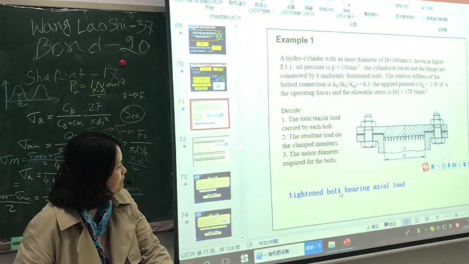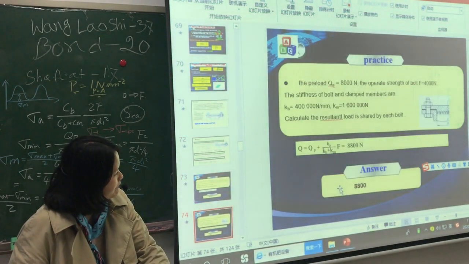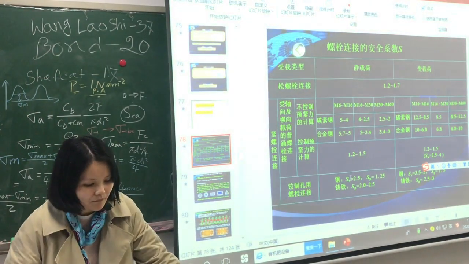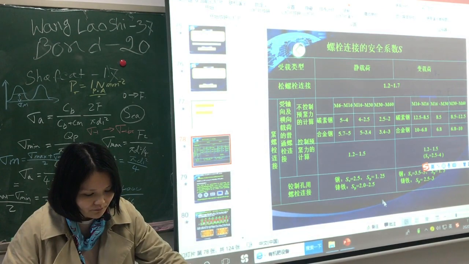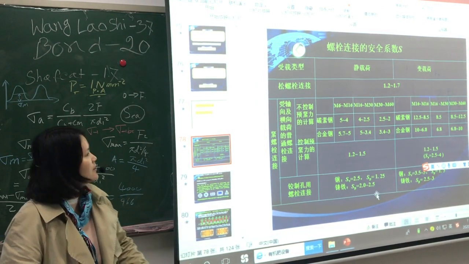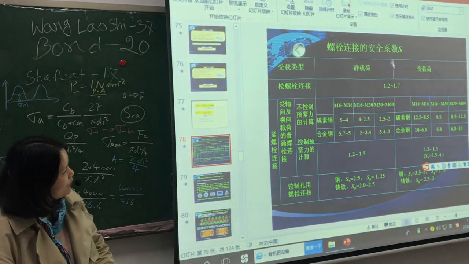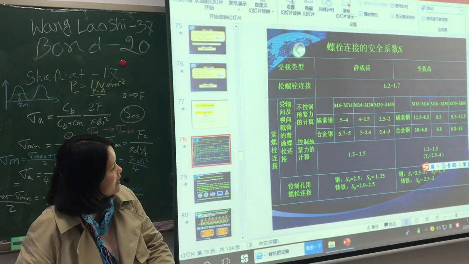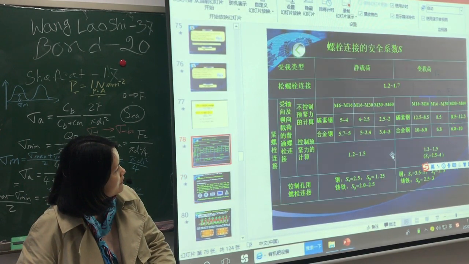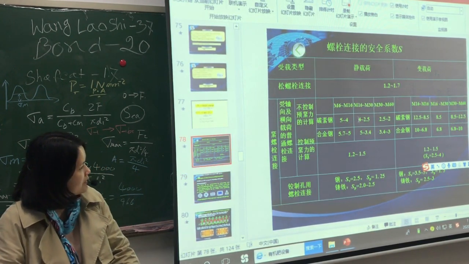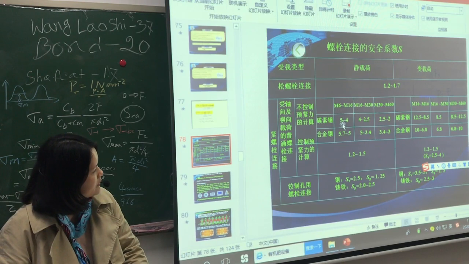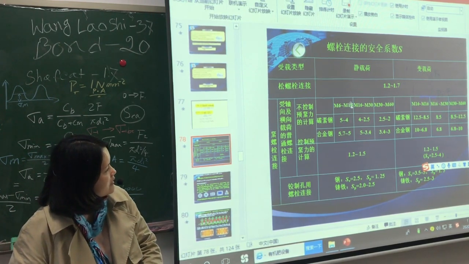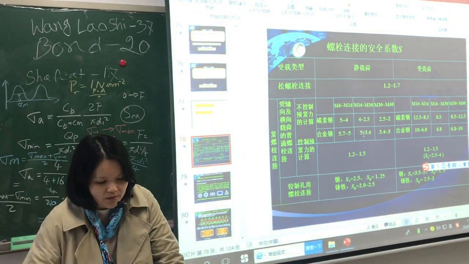Okay. And this is the table of the safety factor S. And this is for M6 to M16. Okay.